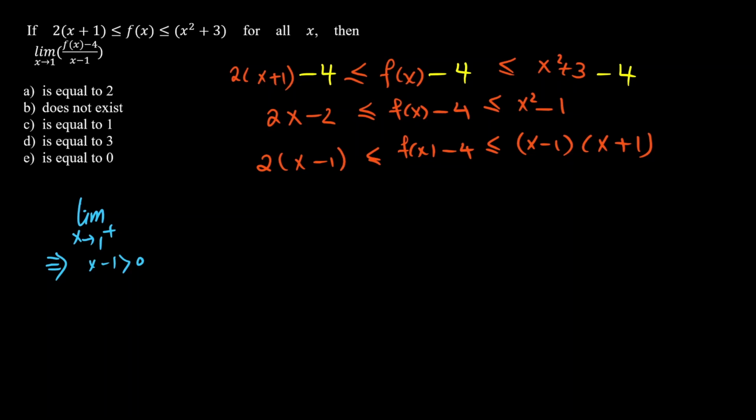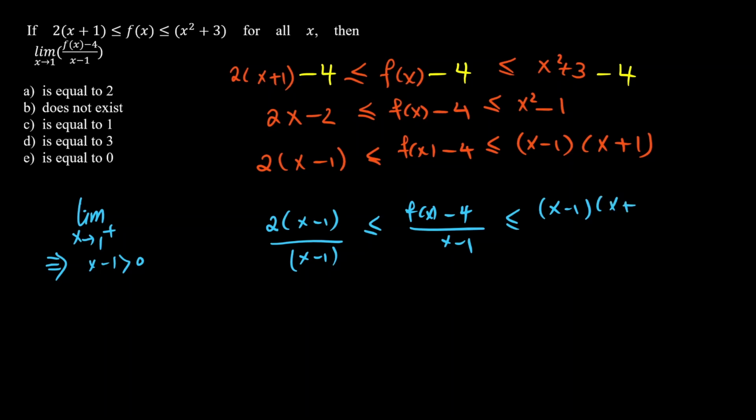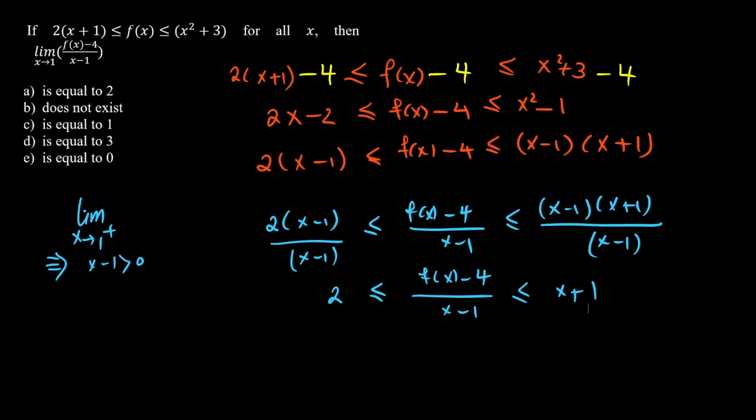And I can simply write 2 times x minus 1 divided by x minus 1 now is less than or equal to f of x minus 4 divided by x minus 1, less than x minus 1 times x plus 1 divided by x minus 1, which with simple cancellation will result in 2 less than or equal to f of x minus 4 divided by x minus 1 less than or equal to x plus 1.